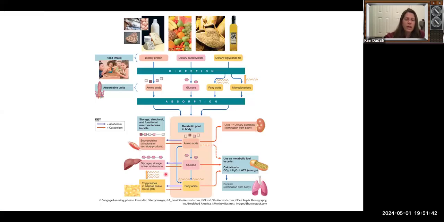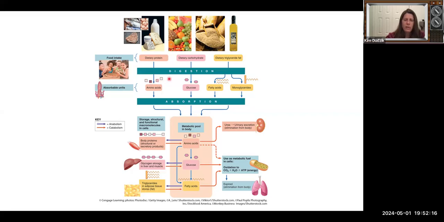Okay, so this is a nice graphic that's in your book. So this really links together the digestive phase with that metabolic fuel use and storage. And so again, we eat proteins, carbohydrates, and fatty acids or triglycerides, fats, lipids. And when we do that, it goes through the digestion because these molecules are too large for us to absorb into our bloodstream.